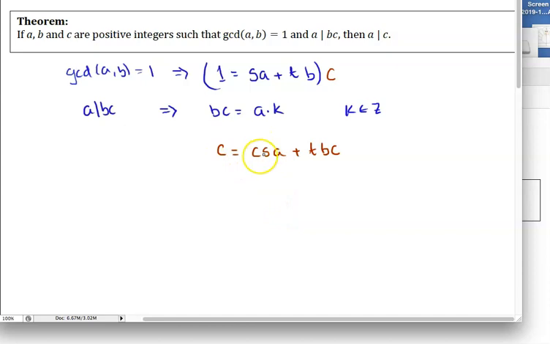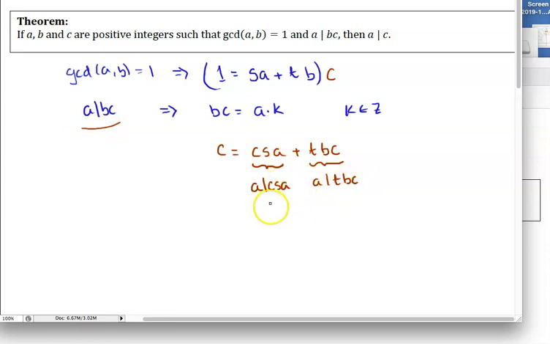Okay, so let's look at each of these. For c times s times a, I know that a divides csa because it has a factor of a in it. I know that a is going to divide tbc because a divides bc, so a divides an integer times bc.